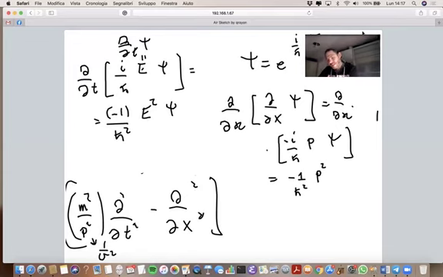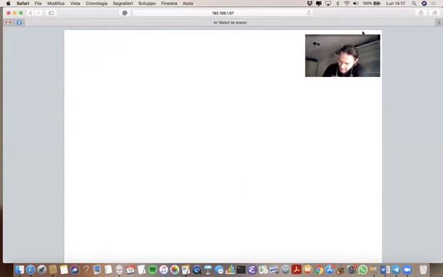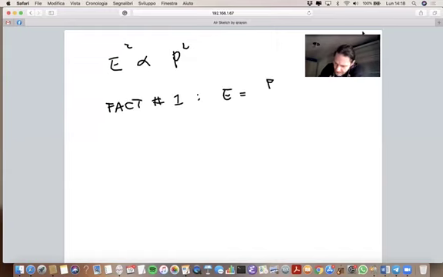Now, from this equation we come to the conclusion that the energy of the electron is proportional to the momentum. But this contradicts fact number 1, which we assume to know, that the energy is proportional to the square of the momentum.